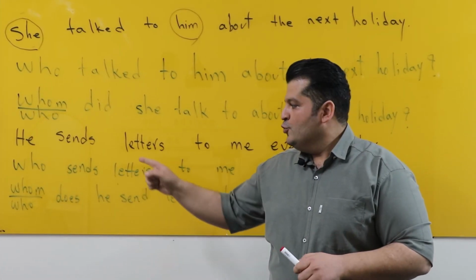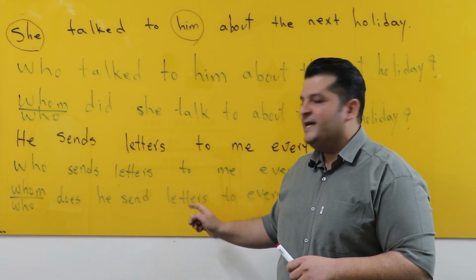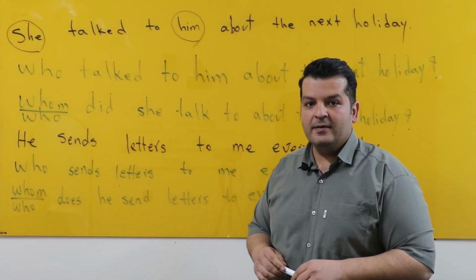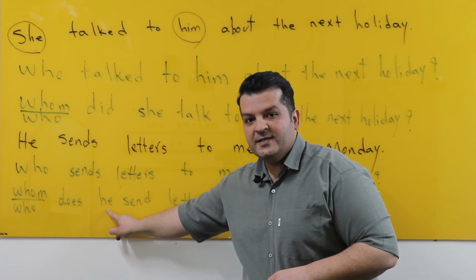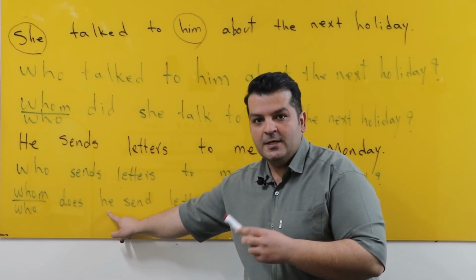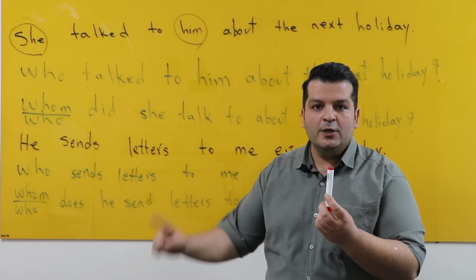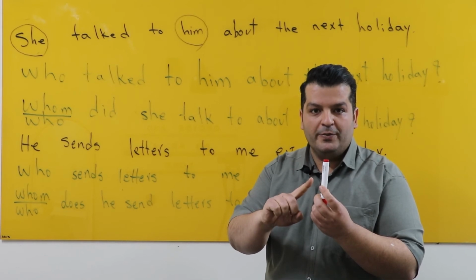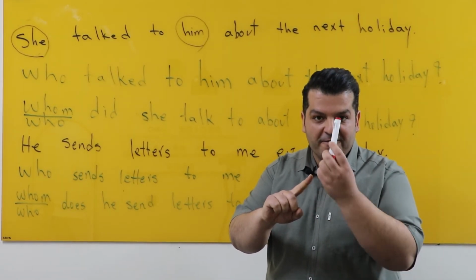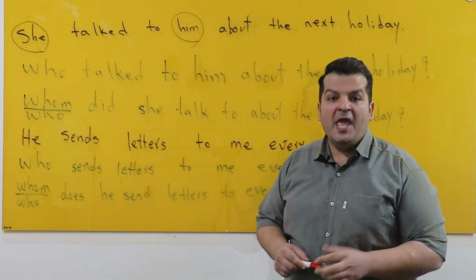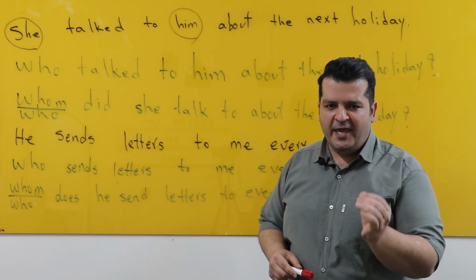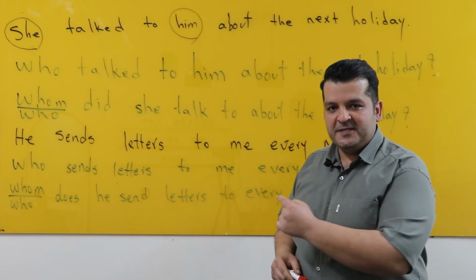Look, whom or who does he send letters to every Monday? My subject is in the sentence. Because I have the subject, I should use an auxiliary verb for the existence of this subject. And my object is the case of the question, and it is absent in the sentence.